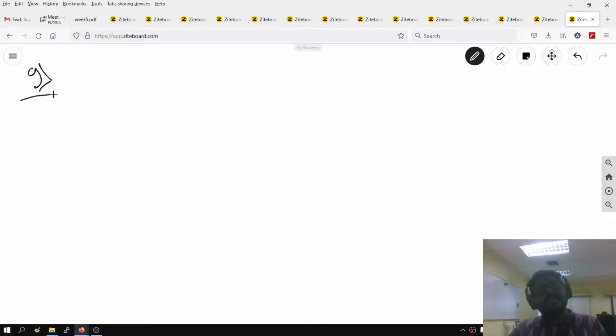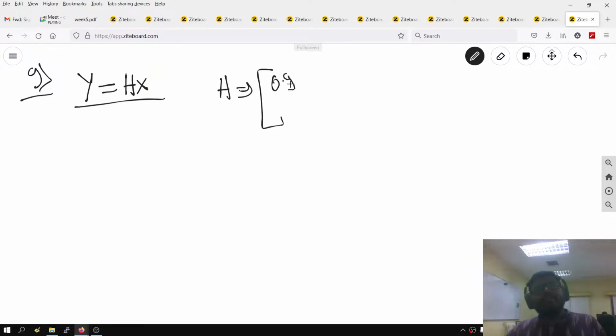Question number 9 is this, and what is given? y equals hx, and h is given as 0.95, 0, 0, 0.9.